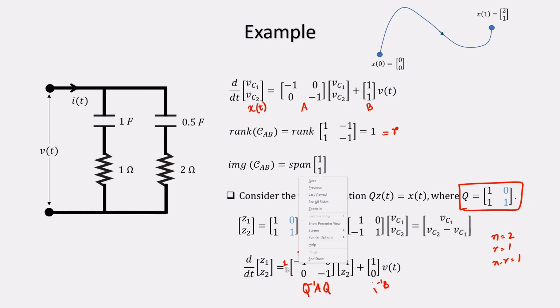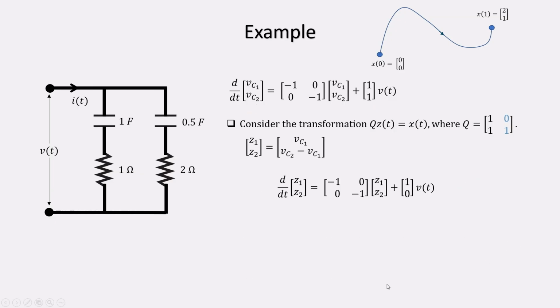So, we have a block upper triangular matrix, in this example at least a block diagonal matrix. Now, what are the differential equations that we will get? Z1 dot is equal to minus Z1 plus Vt, and Z2 dot is equal to minus Z2.